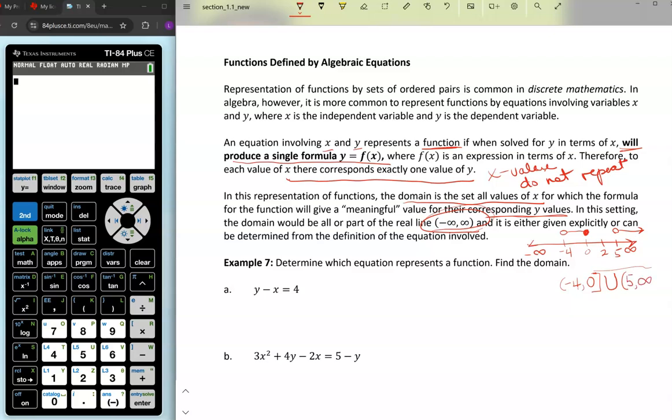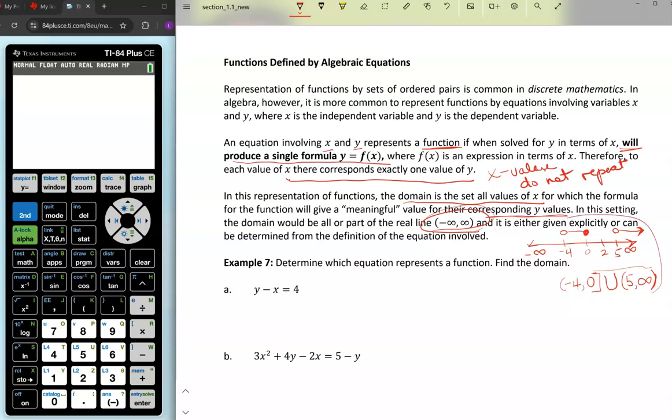And we go off to infinity, and we know we're going to infinity because of that arrow. And if you remember, infinity is never contained, because it just keeps going. We're never going to have a set number for infinity. So infinity always gets the parentheses, or the soft bracket.